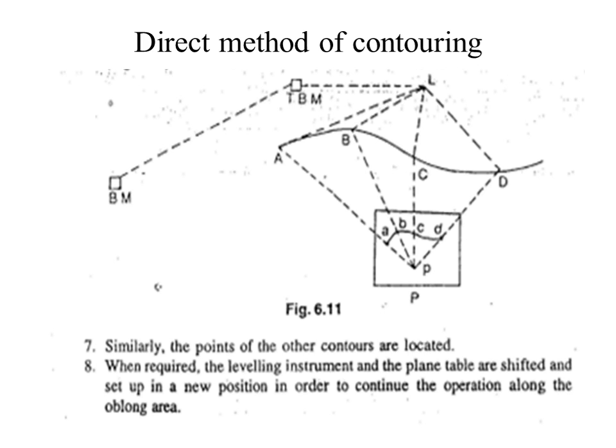Once the height of instrument is determined, the staffman moves along the boundary, and wherever the desired staff reading is obtained, he drives a peg at that point, say A, similarly B, C, D, for a particular contour. Then the plane table is set up at P, and the distances PA, PB, PC and PD are marked on the paper, and the points A, B, C, D are located, which indicate the contour of a particular RL.